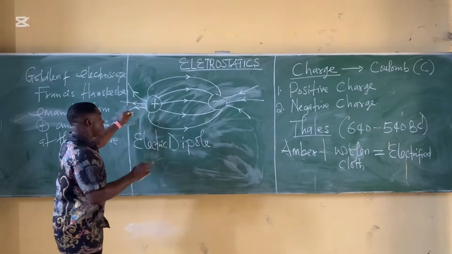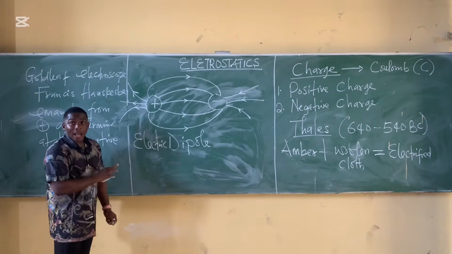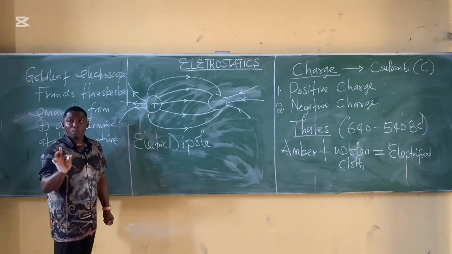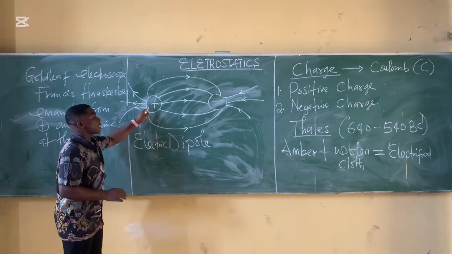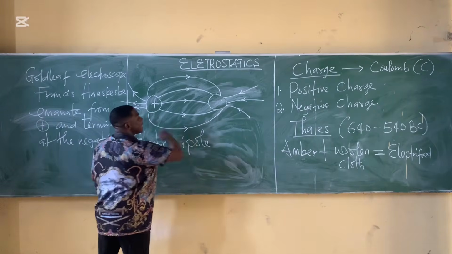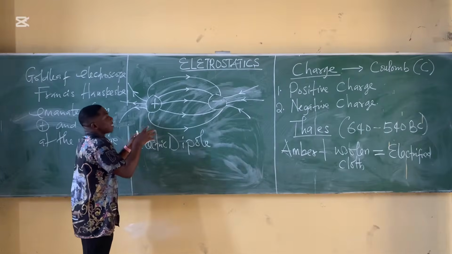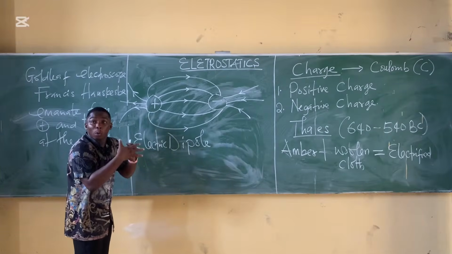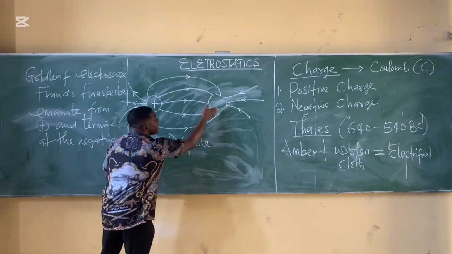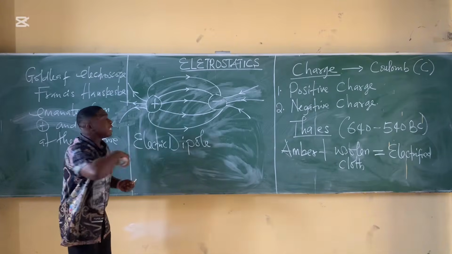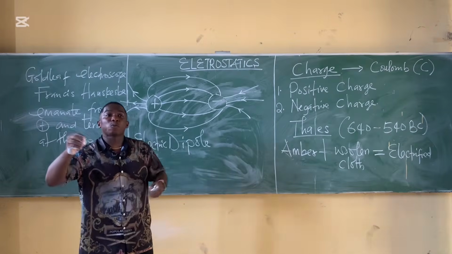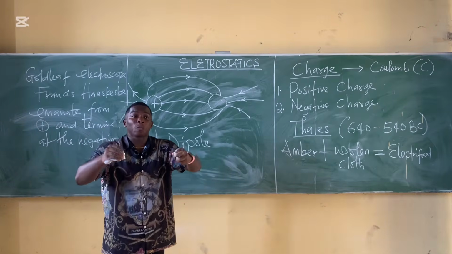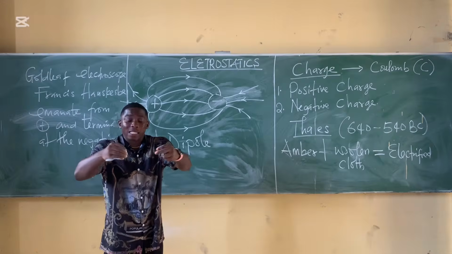We said the whole of this diagram is referred to as what? An electric dipole. When we say that charges emanate from positive and they terminate at negative, it means that there is a force of attraction between the positive and the negative charge. Just like if you have two bar magnets, you place them side by side, you see that they are trying to attract each other.